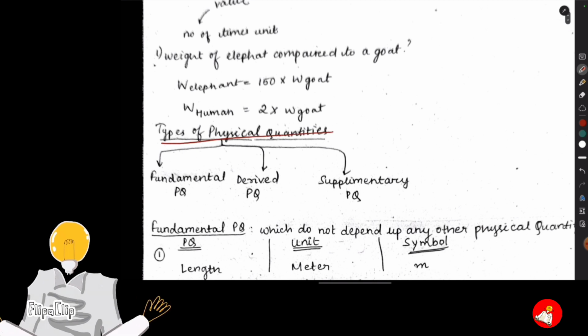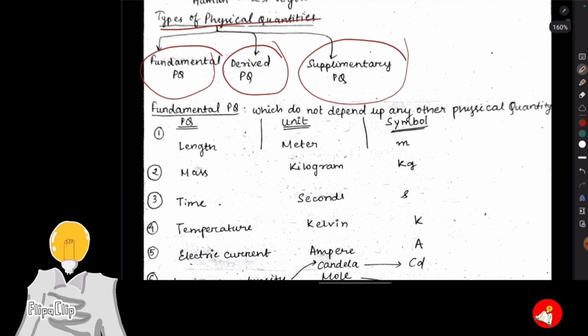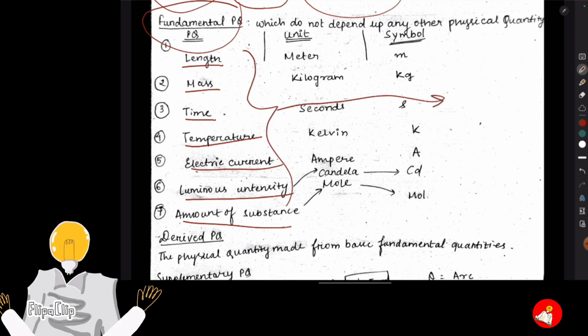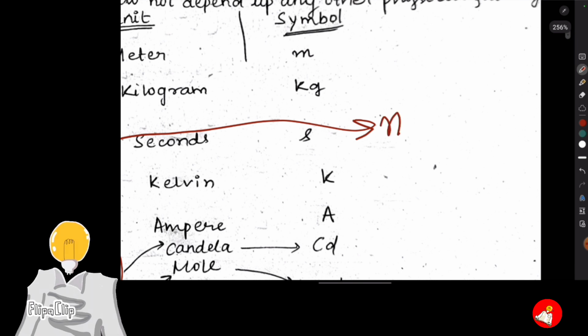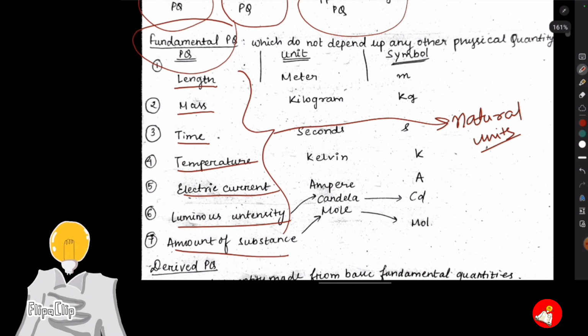Types of physical quantities. There are 3 types of physical quantities: fundamental physical quantities, derived physical quantities, and supplementary physical quantities. Fundamental physical quantities are the following: length, mass, time, temperature, electric current, luminous intensity, amount of substance. These are the natural units which are there from the first. Then we come to their units.